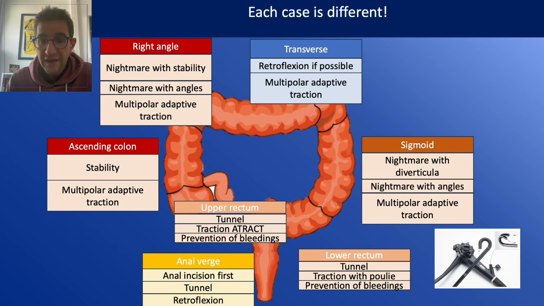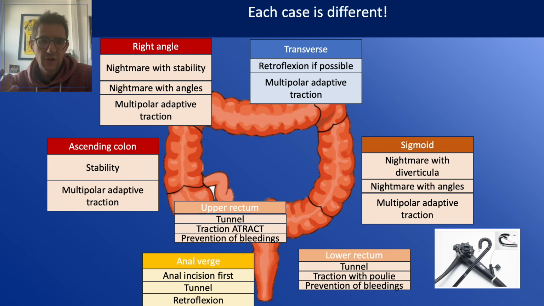Each case is particular, and these are some examples of my usual planning for a lesion. For example, in the ascending colon, I spend a lot of time doing the colonoscopy to have better maneuverability and stability. And as soon as I get this maneuverability, I try to have a perfect exposure thanks to a good traction device. For the right angle, it's very difficult.